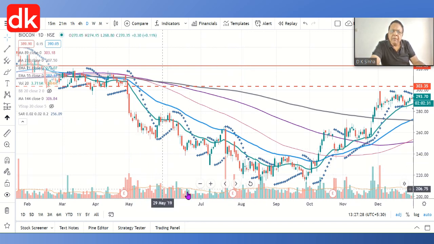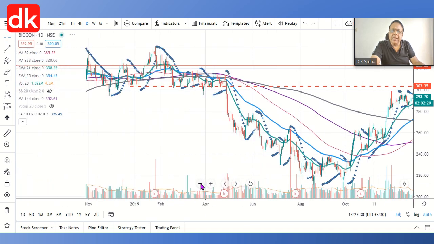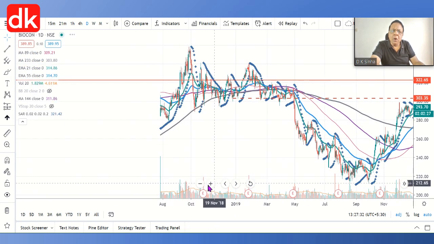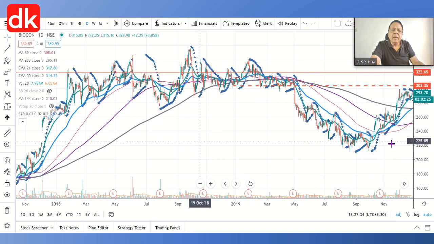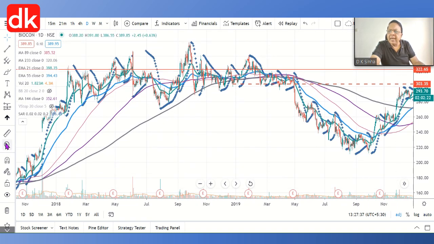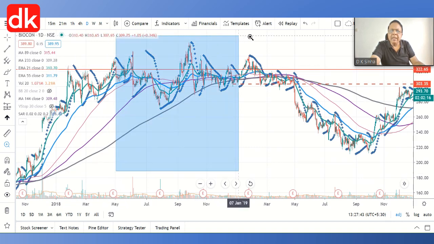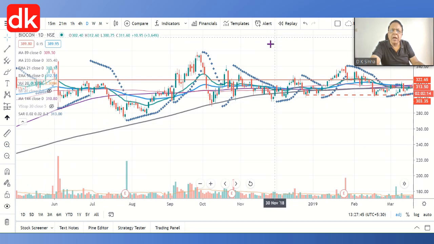However, friends, when you study with other technical studies, I'll show you how you can combine them. I am enlarging this little portion. This was the uptrending move, and here there was a distribution phase which was observed.